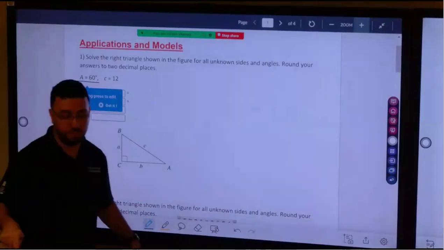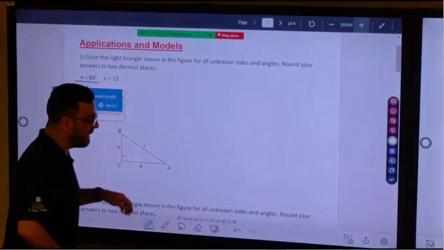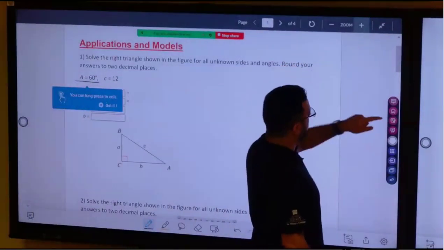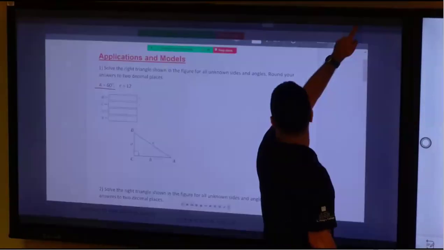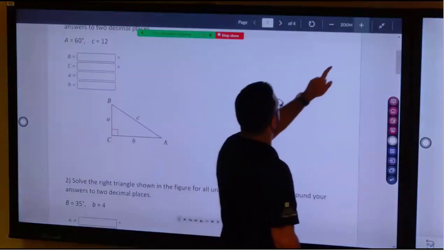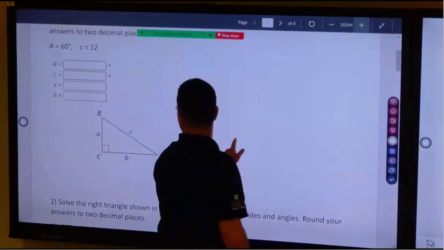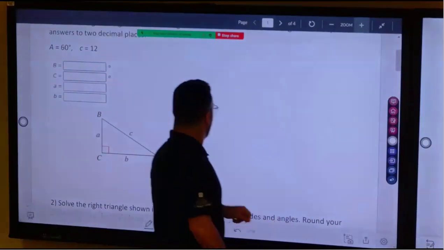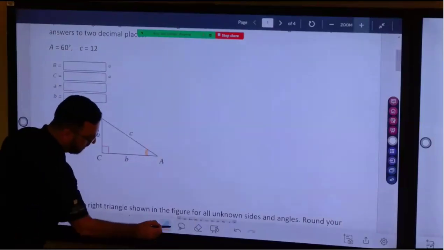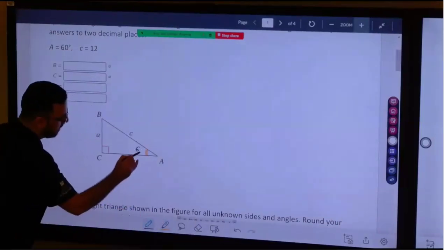It's the same example you have on the paper, where angle A is 60. Let's make it bigger. So now I have A equals 60 as an angle.